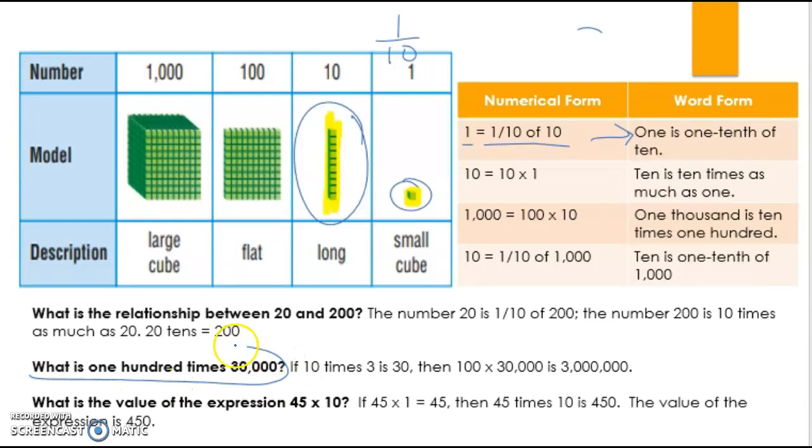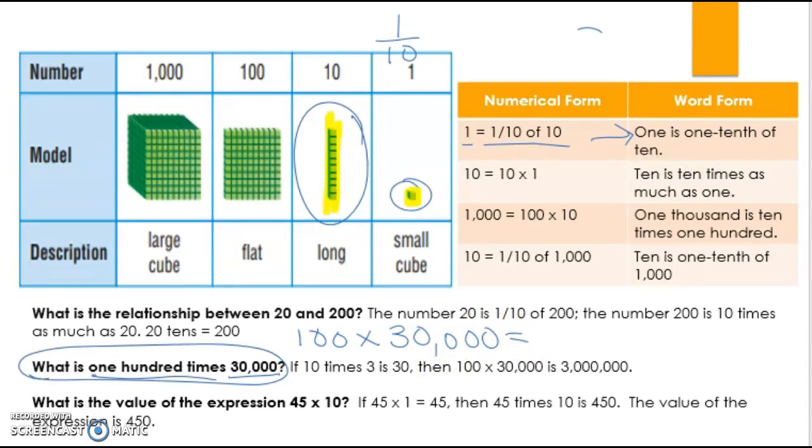Pay close attention to this question here. You might even want to pause the video because we're looking at a number that is 100 times 30,000. That's huge. Well, 100 times 30,000 has a trick that goes with it.